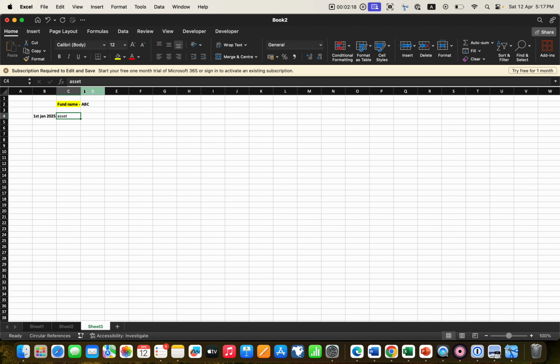So the total asset. I will write the total asset of that ABC fund as of 1st Jan 2025 is 1 lakh, for example.